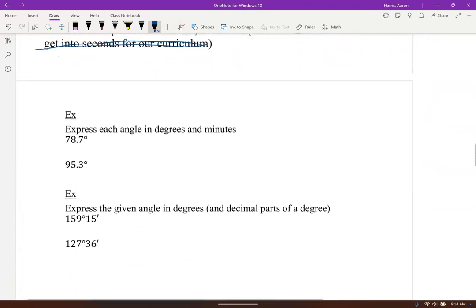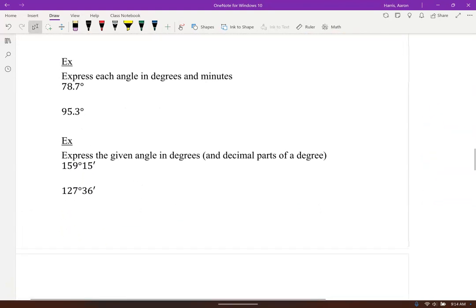All right, let's do some examples here. So for example, 78.7 degrees, we're going to put that into degrees and minutes. So 78.7 would be more like this kind of thing, but we want it in degrees and minutes.